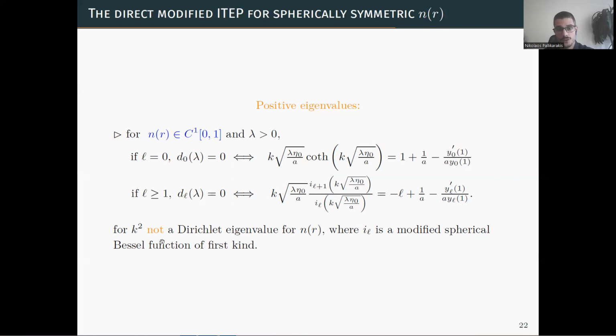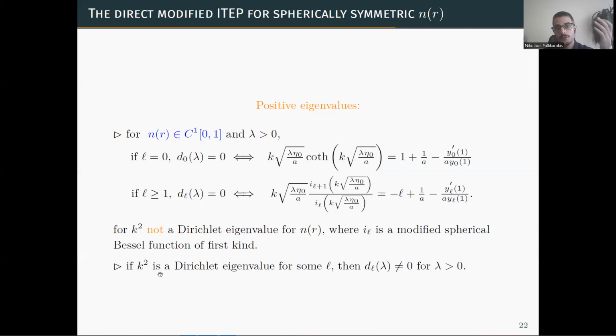These functions here are well defined, provided that k square is not a Dirichlet eigenvalue for the refractive index. If k square happens to be a Dirichlet eigenvalue, then for positive values of lambda, the functions cannot be zero, so we are left only with the negative eigenvalues.